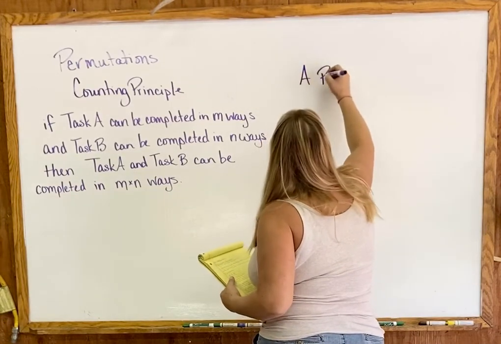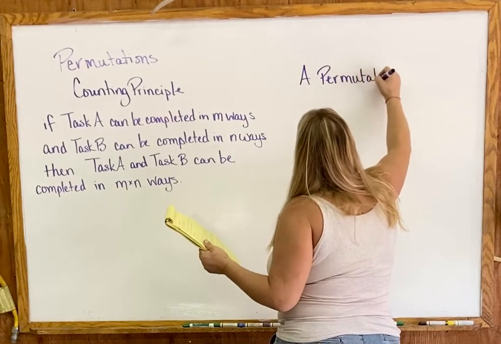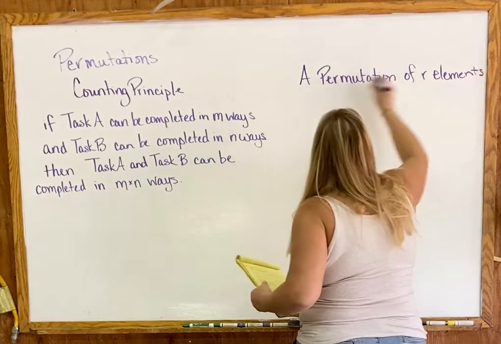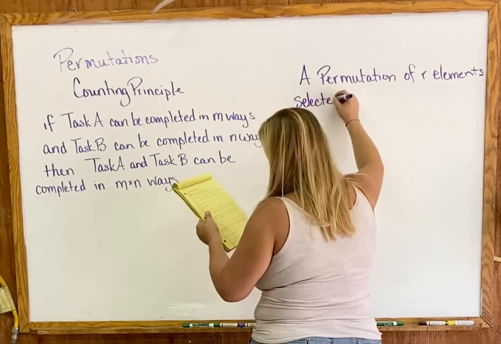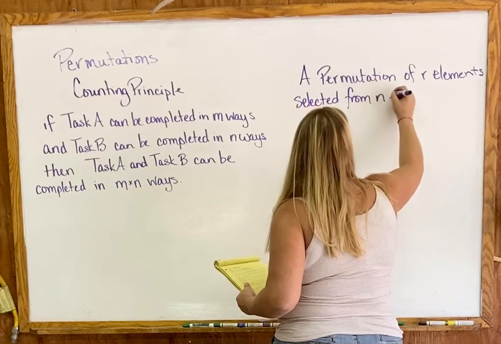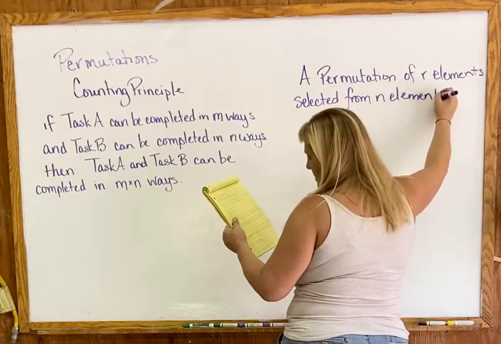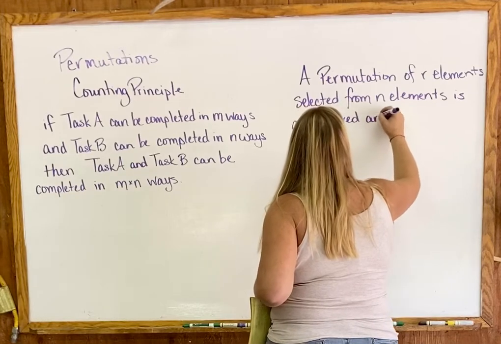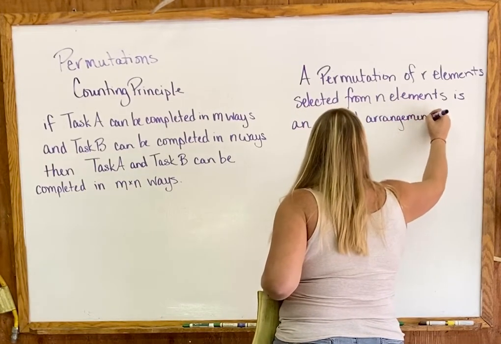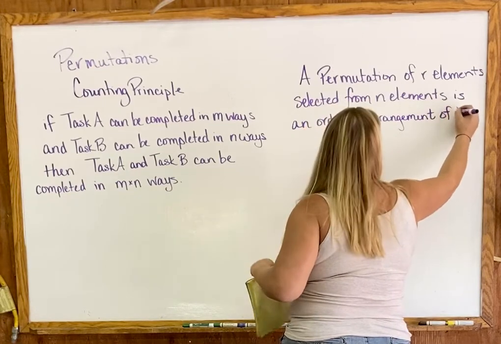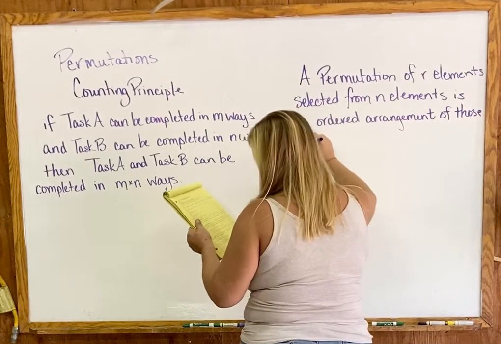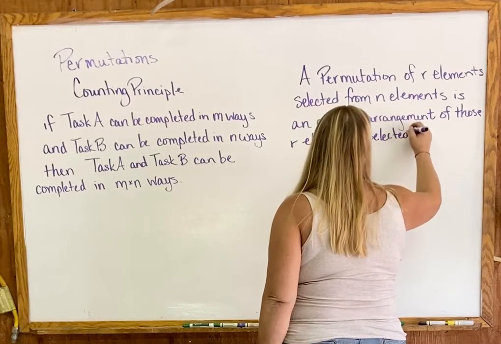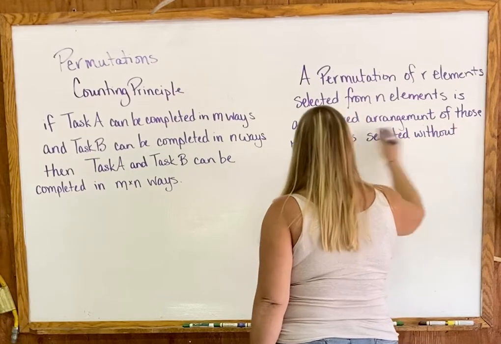So we say a permutation of R elements selected from N elements is an ordered arrangement of those R elements selected without repetition.